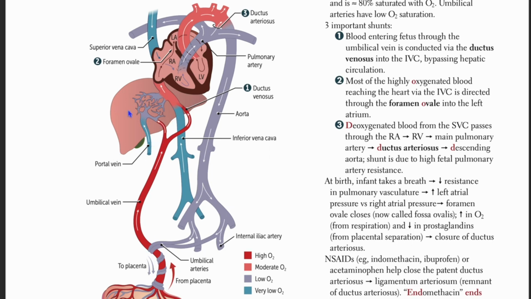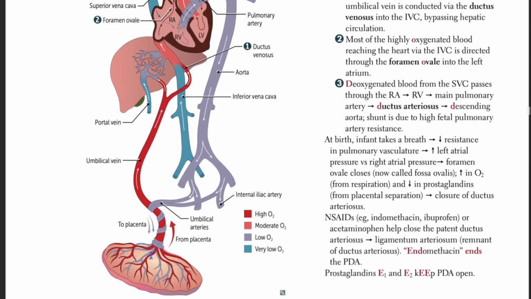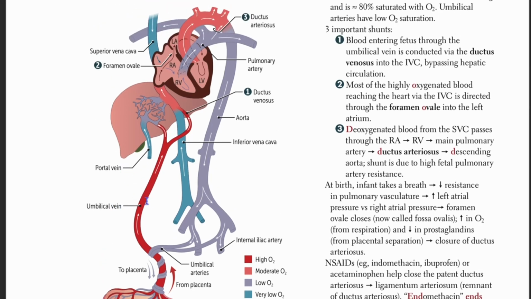So it bypasses the whole hepatic circulation. It starts from the placenta, comes in the umbilical vein, 80% saturated oxygen. Remember, it's flipped around. It's a vein, but it's still oxygenated blood. So it bypasses this through the ductus venosus.